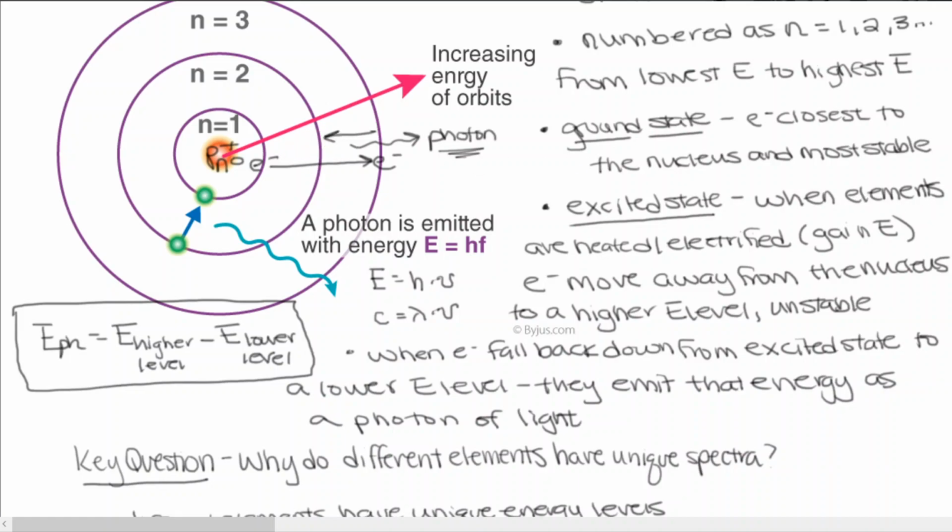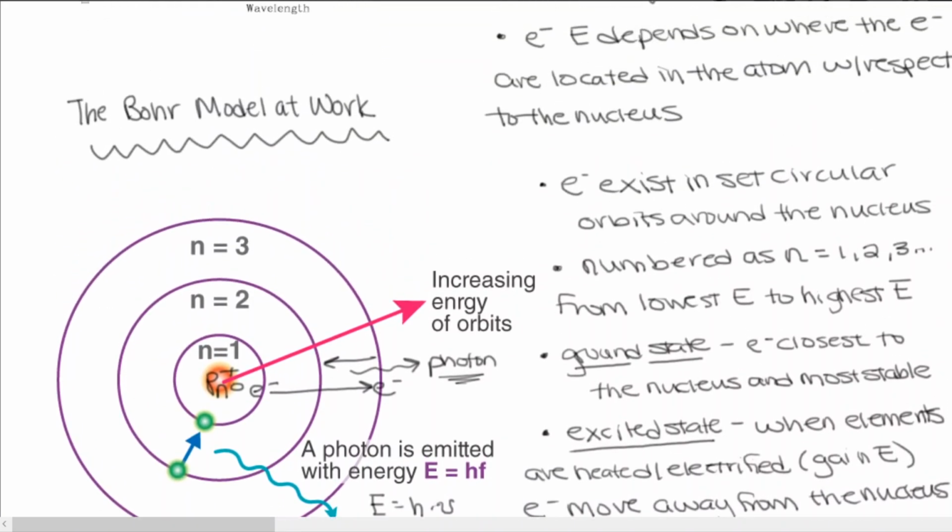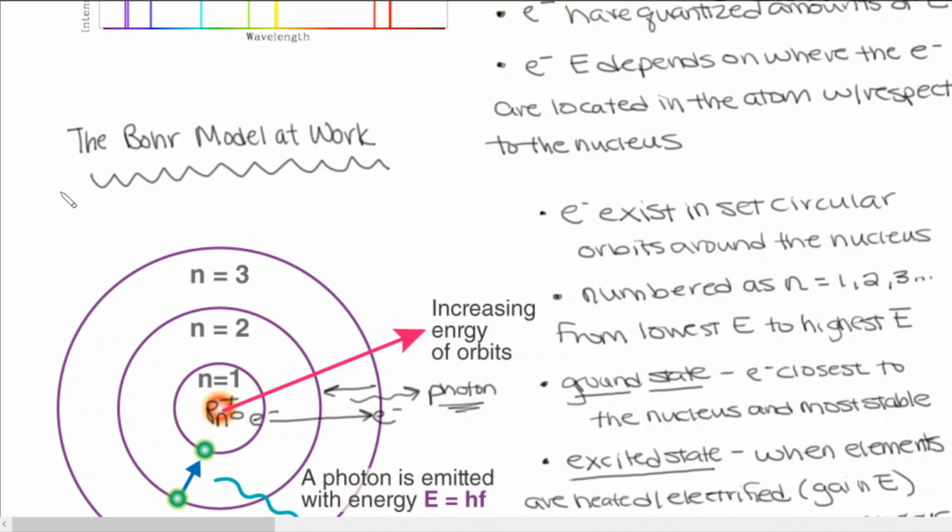I think I've hinted at it a little bit, but this Bohr model and this quantum theory, the whole idea of it is that electrons exist in specific energy levels, and they can transition between them.